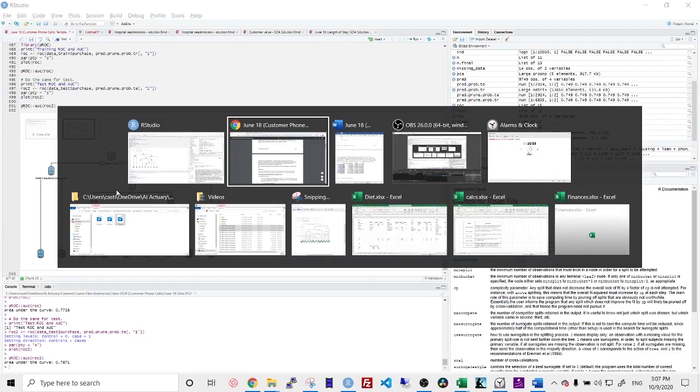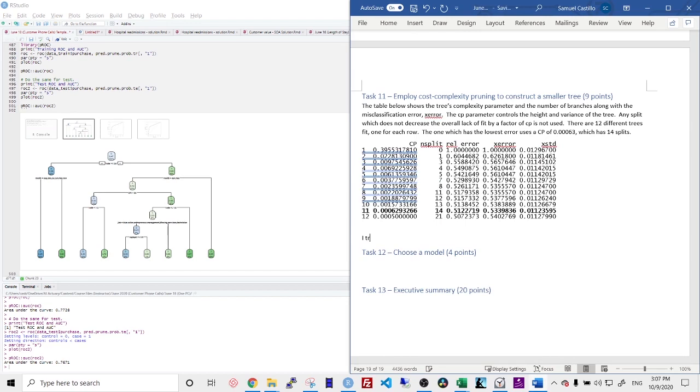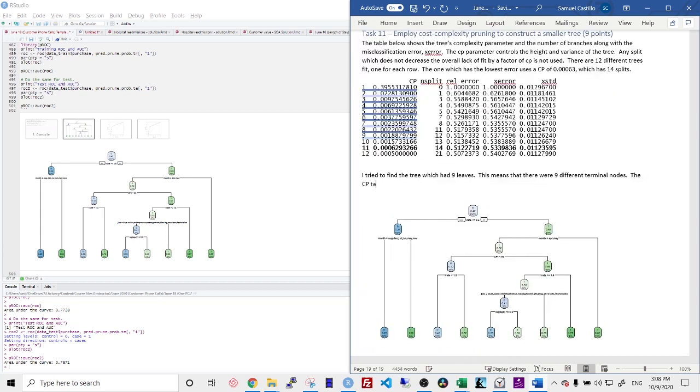So let's put this into our document. I tried to find the tree which had 9 leaves. This means that there were 9 different terminal nodes. The CP table above suggested that this should be when CP is equal to 0.0023. That would result in 8 leaves.